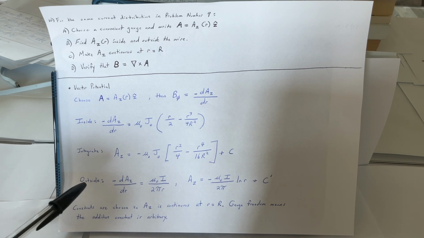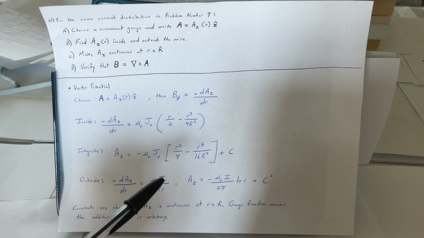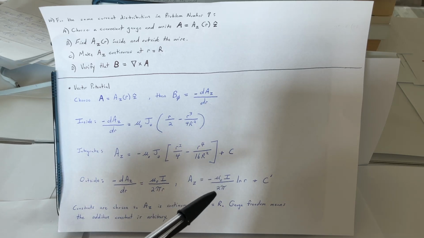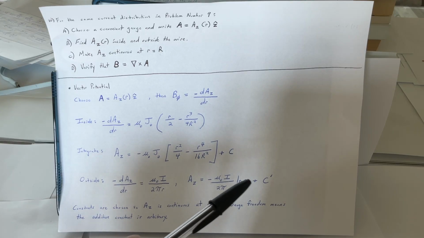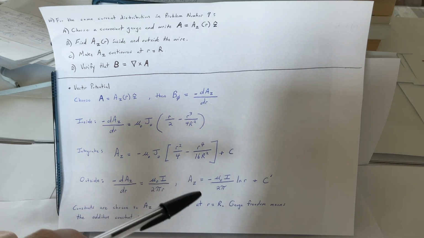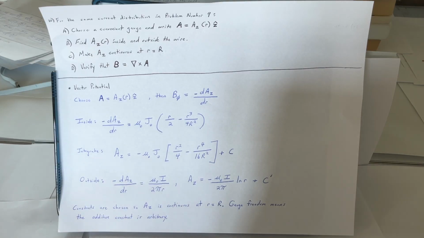Outside, negative d A sub z dr equals mu naught I over 2 pi r, so A sub z equals negative mu naught I over 2 pi log r plus c prime. The constants are chosen so A sub z is continuous at r equals capital R. Gauge freedom means the additive constant is arbitrary.